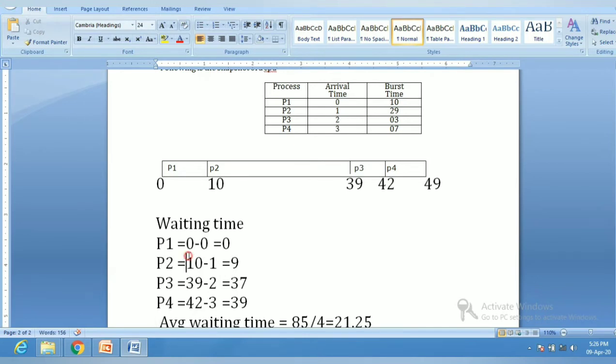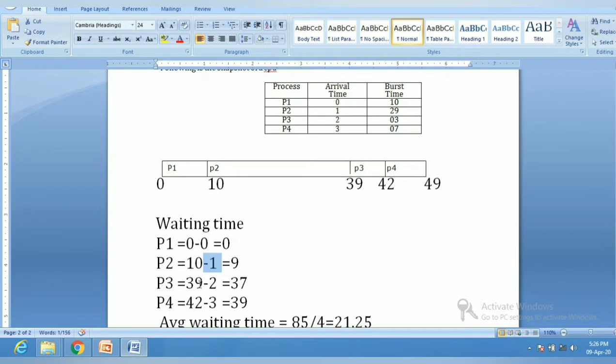But now that is not the case, because P2 had not at all arrived. So P2 has only arrived at the first millisecond. So 0 to 1, it was not at all there in the system. So I will be deducting this arrival time from my waiting time. The same is applicable for all.